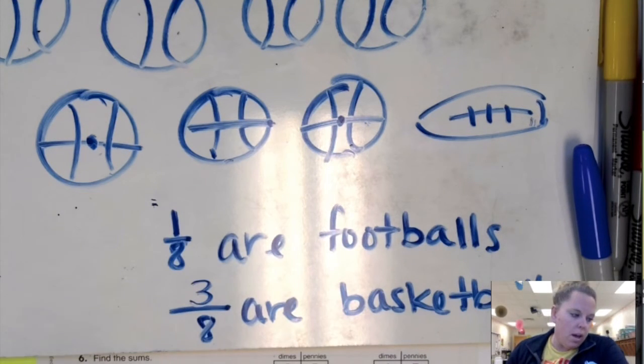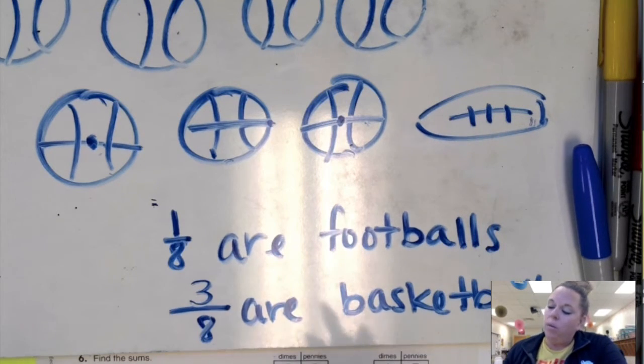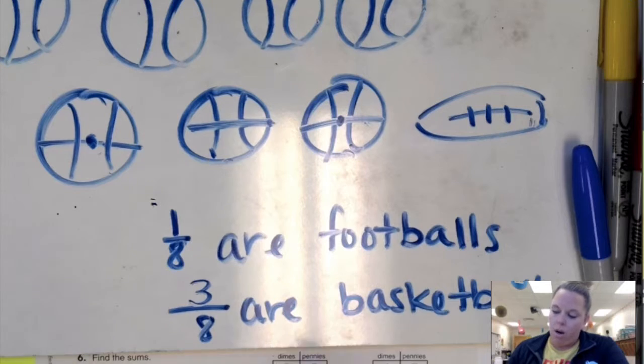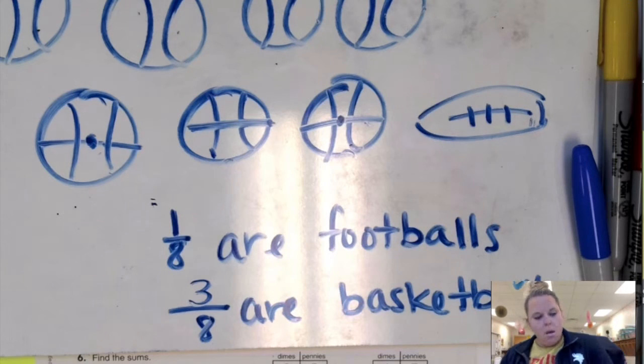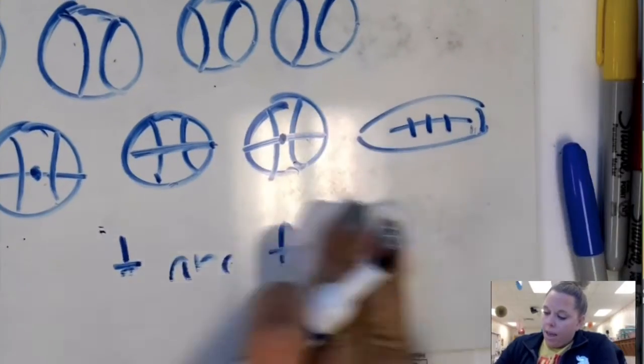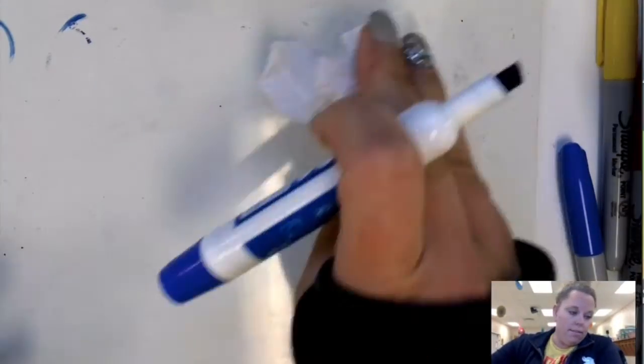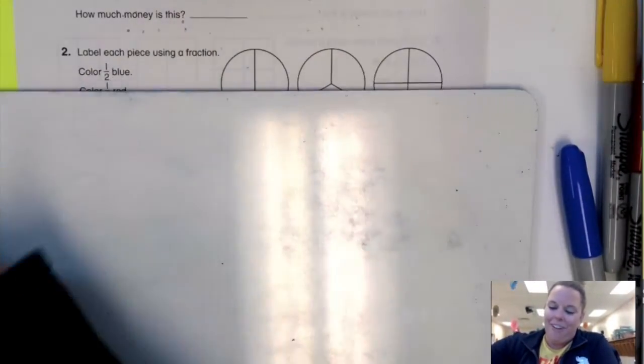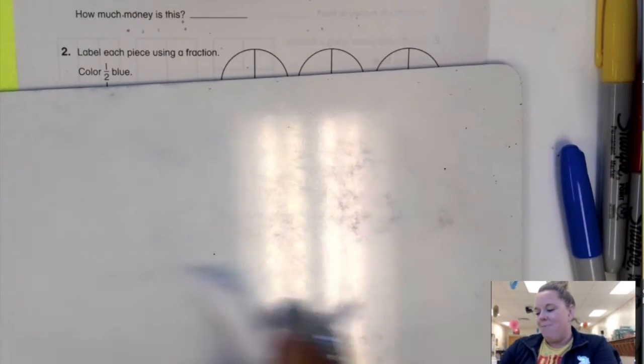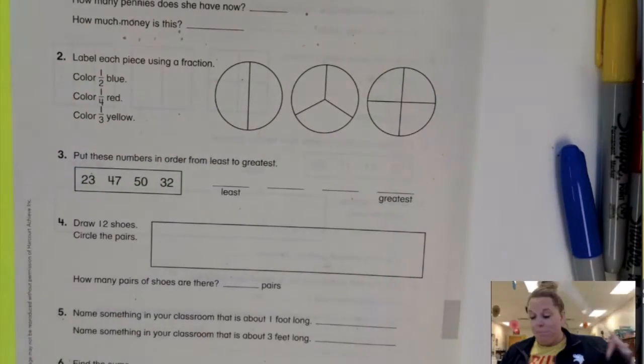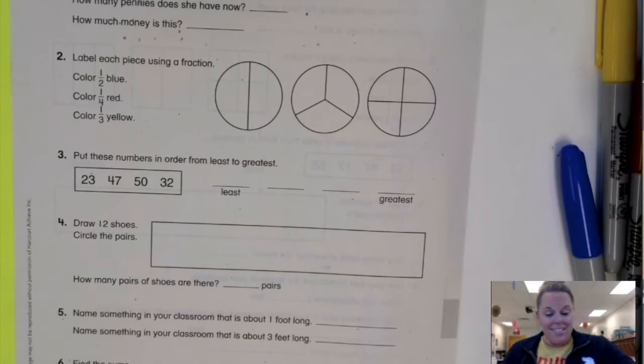So 3 of them would be basketballs. So 3 out of 8 are basketballs, or 3/8 are basketballs. Okay? This is something that we are going to continue to work on as we go through. This is not the last time that you will be seeing fractional part. So let's just keep working on it as we move through our lessons in our year.